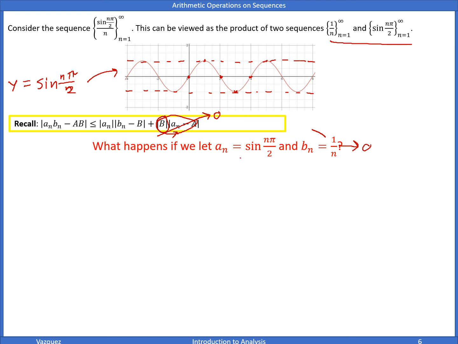Well, the sequence an is bounded, as we can see up here. And we can make this other thing, bn minus b, arbitrarily small. Right, so something that's bounded times something that we can make arbitrarily small will eventually, using that word loosely, get to 0. It'll be less than epsilon, definitely.